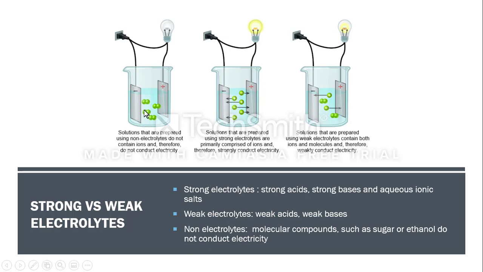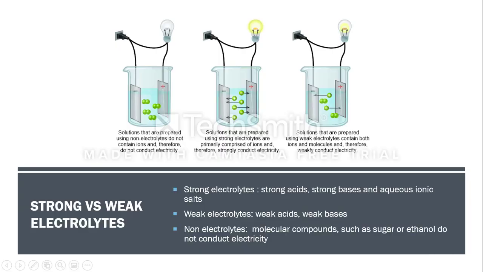If we have covalent compounds, such as the sugar solution we saw, our sugar solution is covalent, ethanol is covalent. These do not have mobile ions in solution. Therefore, it will not be able to carry a charge and therefore it will not conduct electricity, so your bulb will not light.